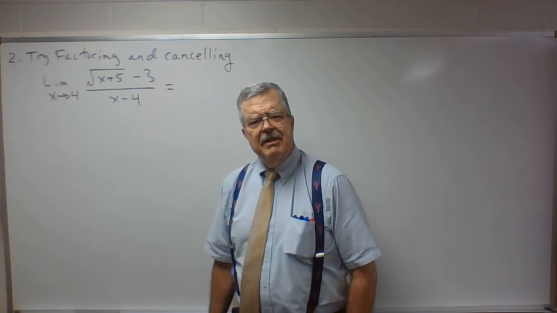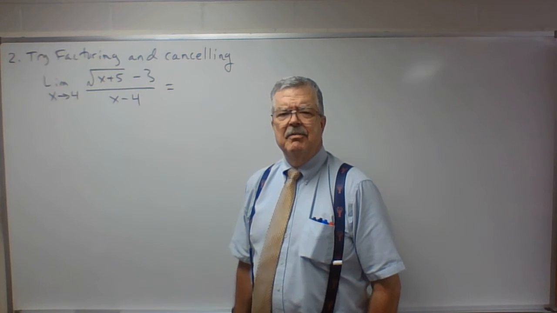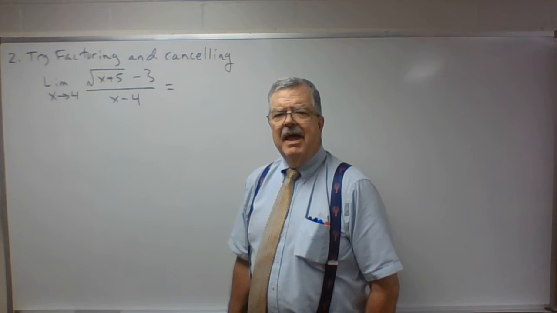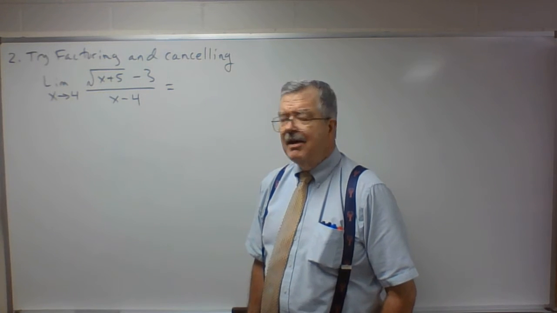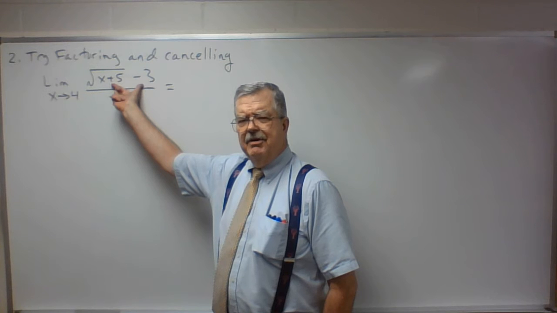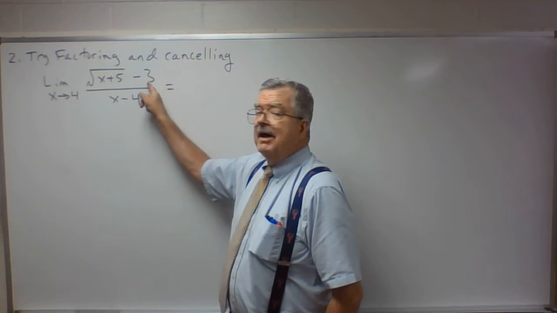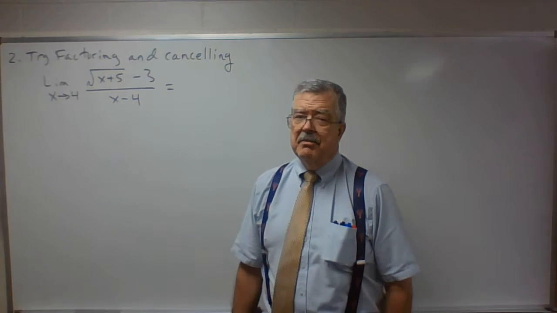The problem is I don't see that factor in the numerator. And I suspect that if I could actually combine these terms in the numerator, that factor of x minus 4 in the numerator would emerge.